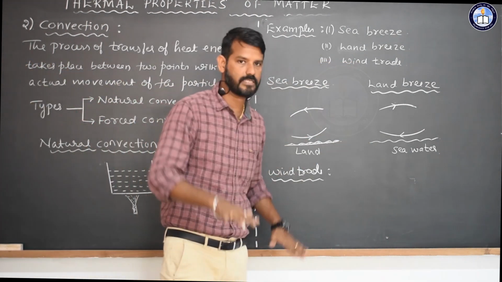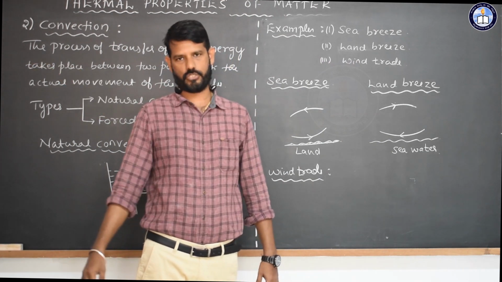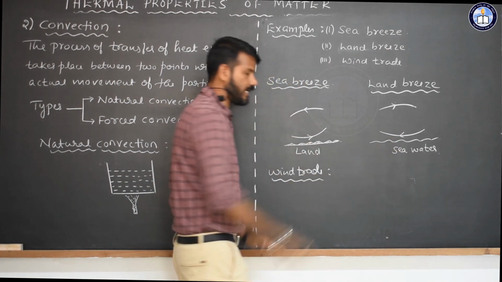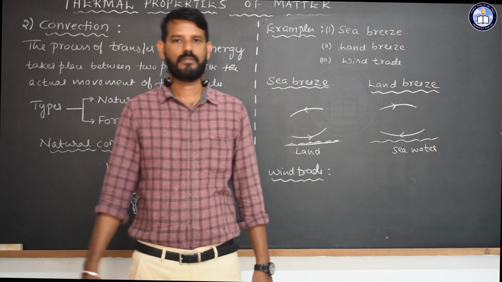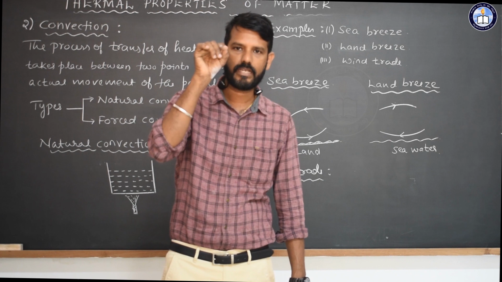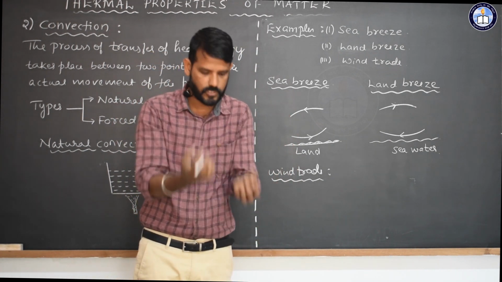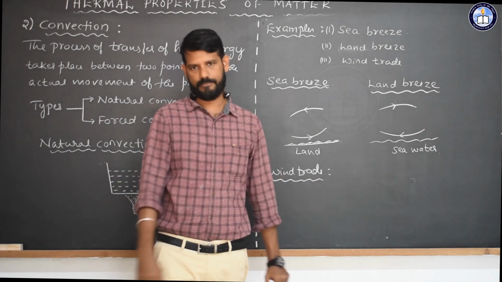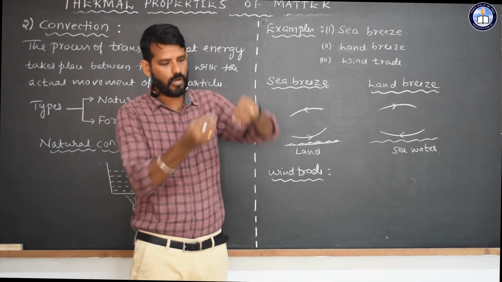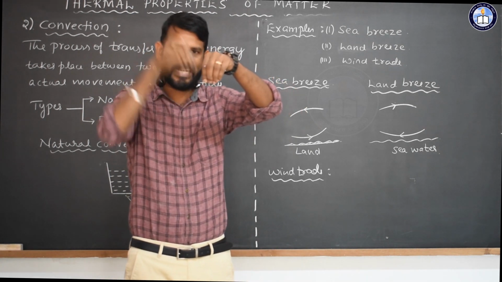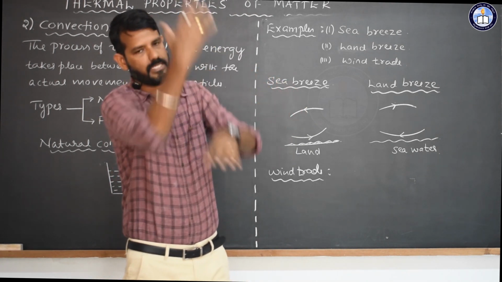Whereas the equatorial region is always at high temperature. Whatever sun radiations fall on the equatorial region will warm up the air molecules very close to the equatorial line. Now this warmer air decreases in density and rises up.